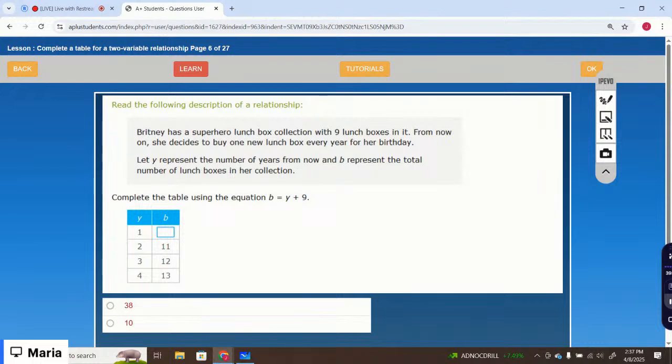B equals 7 plus 9, which is the correct option. Option number 2 is the correct option, that is 10. 9 plus 1 is 10.